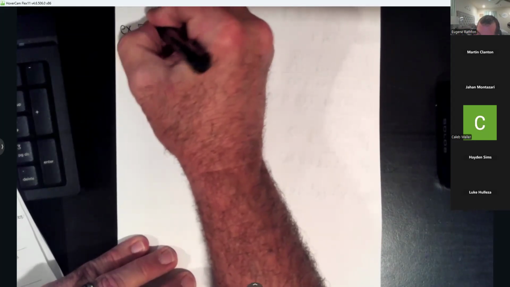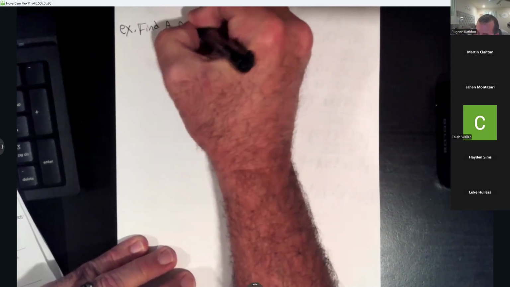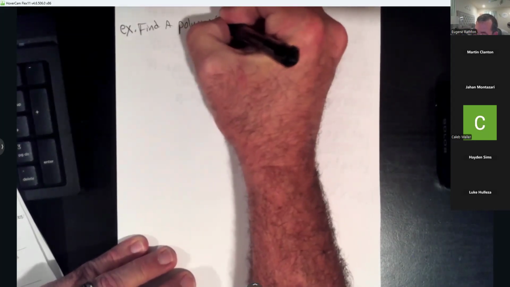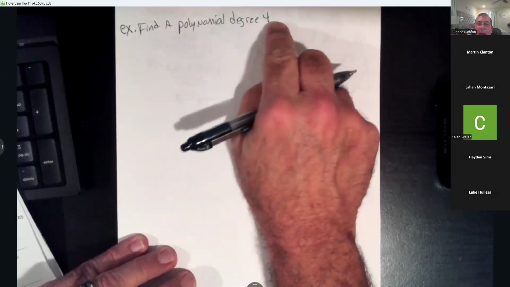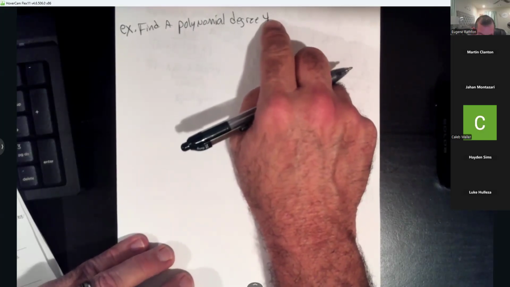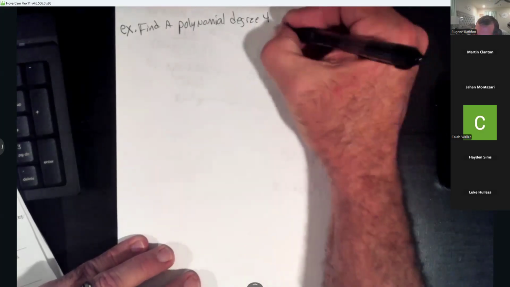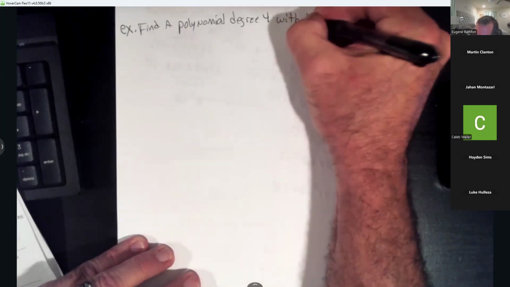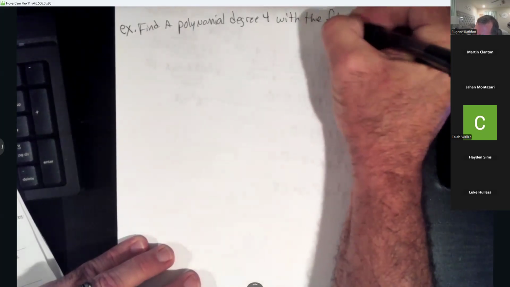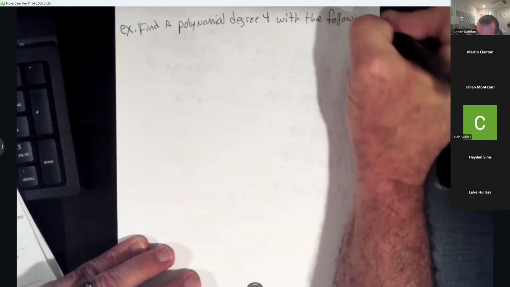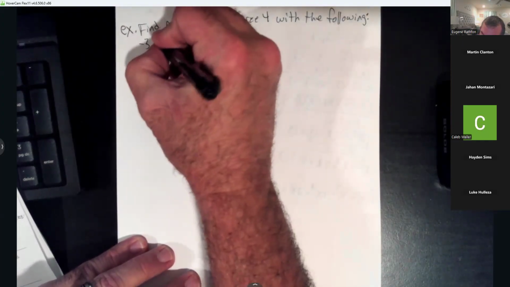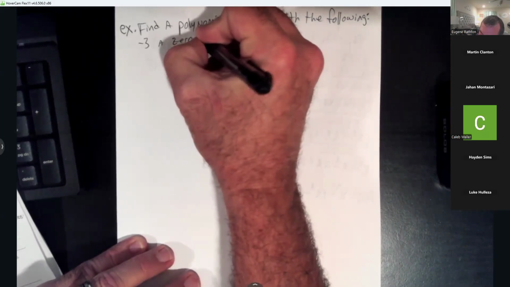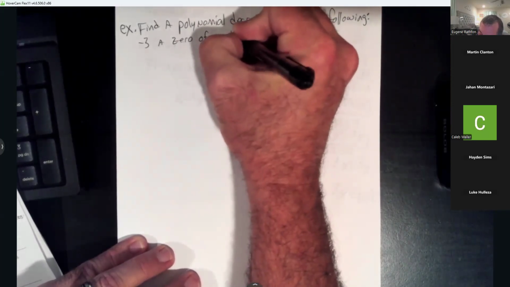We're going to find a polynomial of degree 4. So that means the highest exponent on this one will be a 4. With the following: negative 3 is a 0 of multiplicity 3.